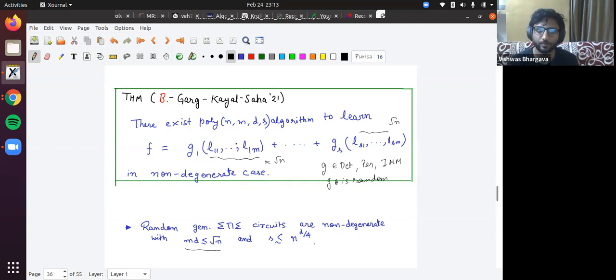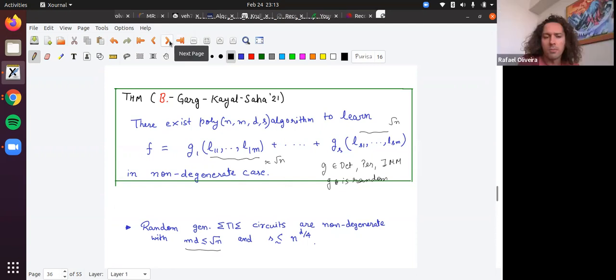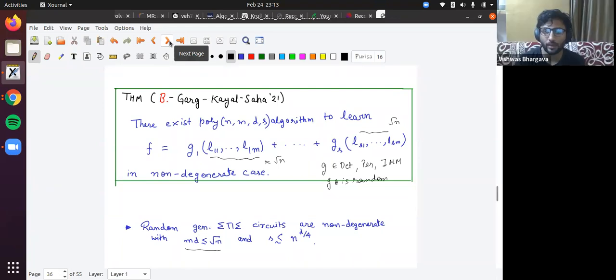Quick question. Is the relation of m and n always independent, or is it dependent? As I said, we need the requirement that m times d is less than or equal to square root n. In particular, your arity is less than square root of n.